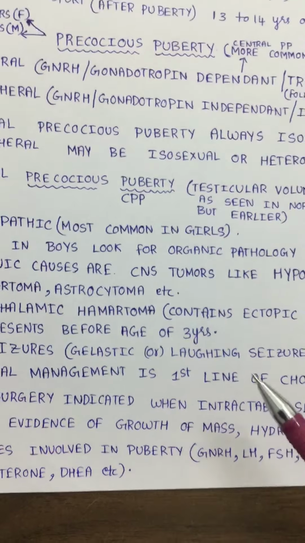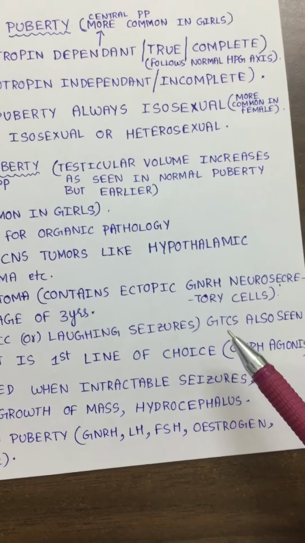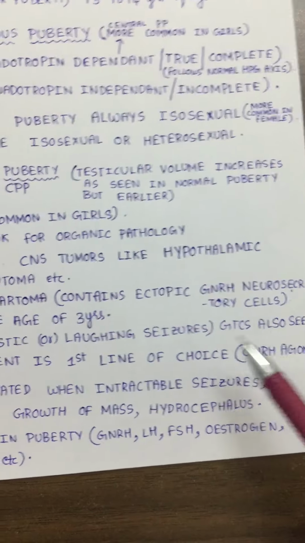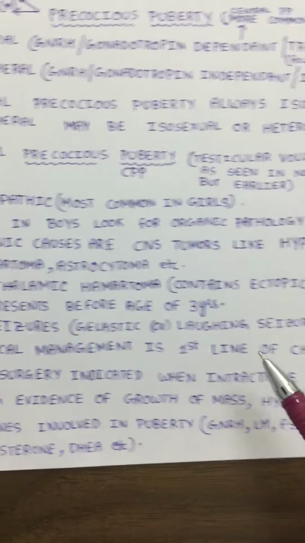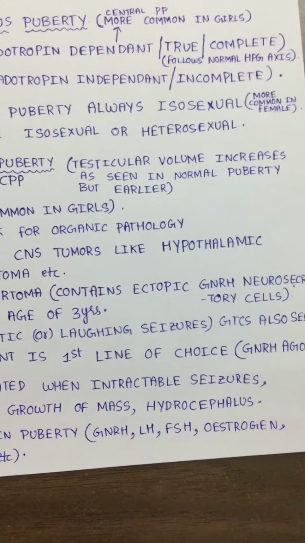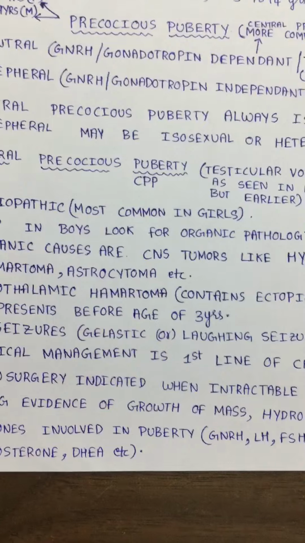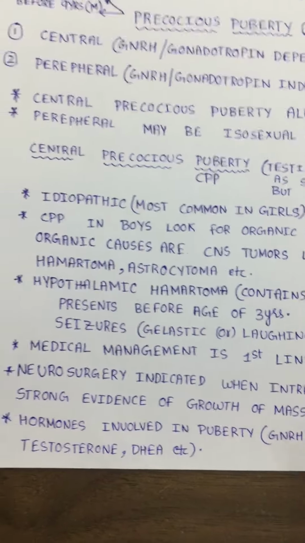The other types of seizures, like generalized tonic-clonic seizures, can also occur. For hypothalamic hamartoma, medical management is the first line of choice, like GnRH agonists. We will discuss GnRH agonists in the management of precocious puberty.